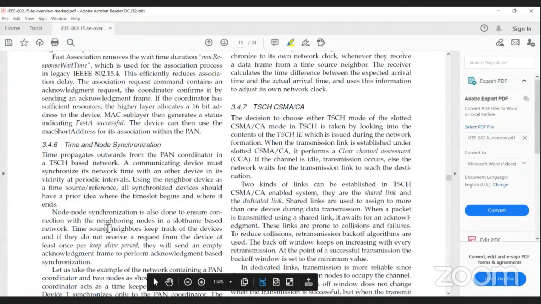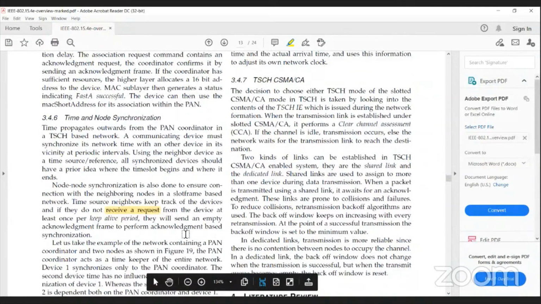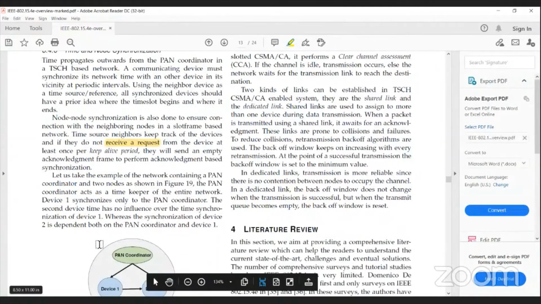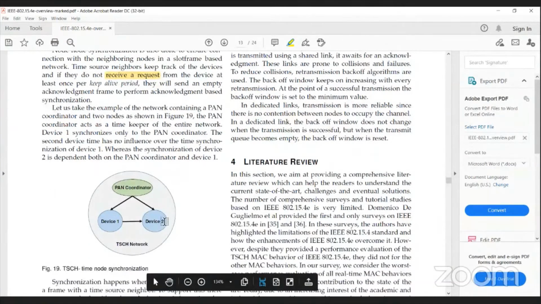You can see node synchronization is also done to ensure connection with neighboring nodes in the slot frame based network. And if they do not receive a request from the device at least once per keep alive period, they will send an empty acknowledgement frame to perform acknowledgement based synchronization. So the synchronization is a big deal, and as I said, it can be frame based synchronization or ACK based synchronization, and it's very, very important here.